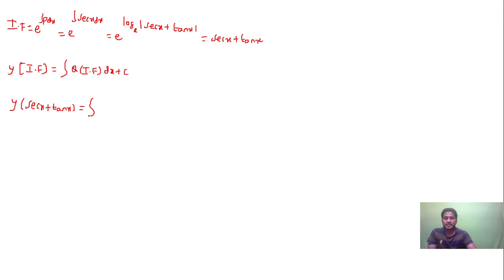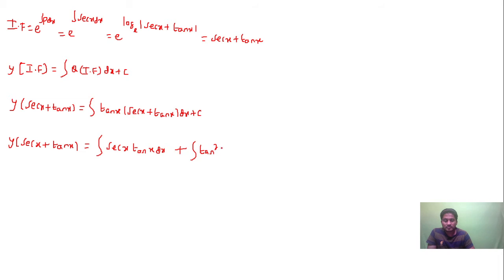Q is tan x, and IF is sec x plus tan x, dx plus c. Now if you multiply this, you get y times sec x plus tan x equal to integral of sec x tan x dx plus tan squared x dx, and then plus c.